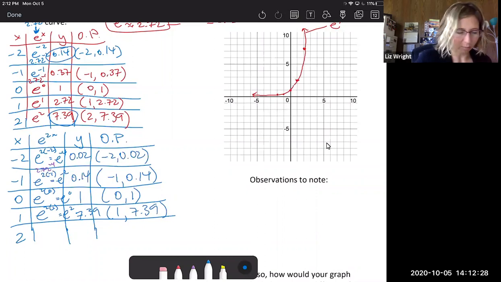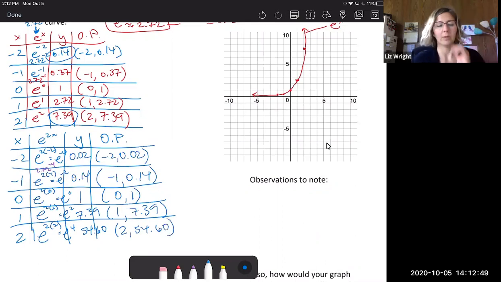And then here we're going to get e to the 2 times 2, which is going to be e to the 4th, which is going to end up giving us 54.60. So this one really increases a lot faster. And then we've got 2 comma 54.60 for that one.